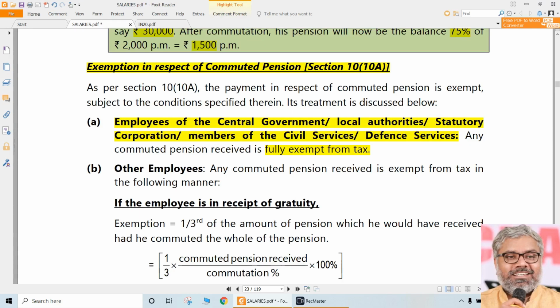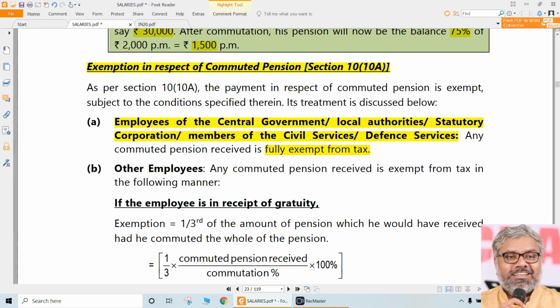Any government employee actually, central, state governments, local authorities, statutory corporations. Statutory corporations means those established by statute, something like, let us say, Life Insurance Corporation of India. Same way, members of civil services and defense services, who will be central government employees. So I think in this list, the state government is missing, but it is also there.